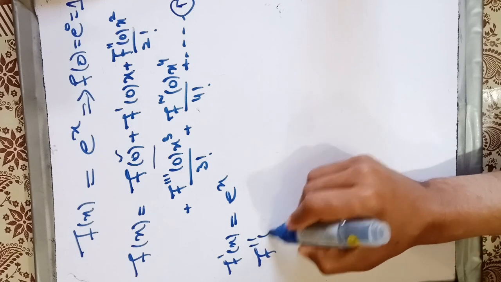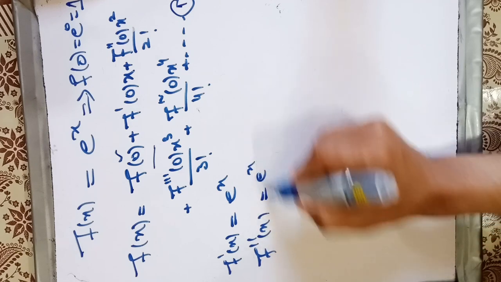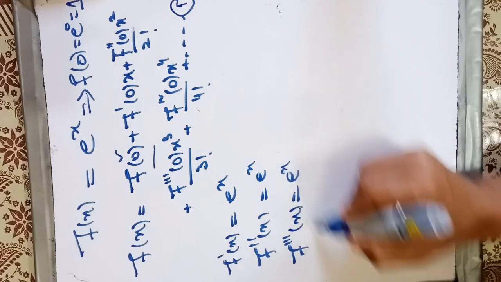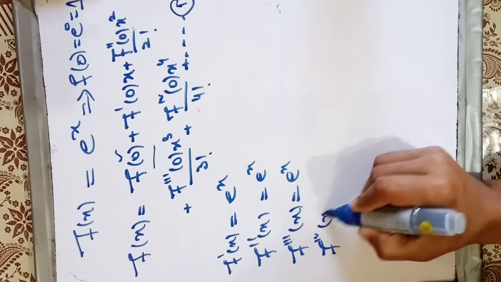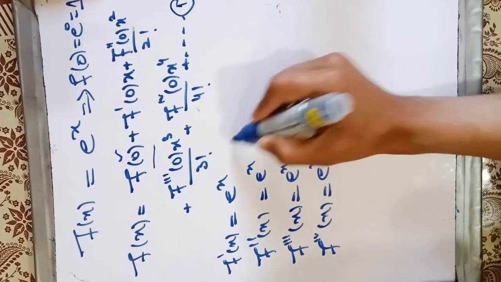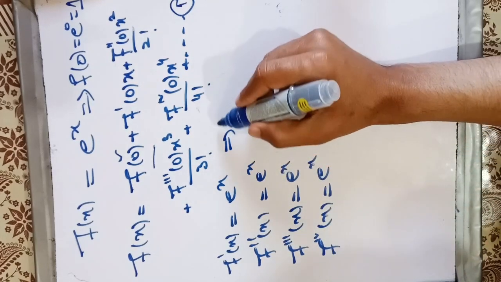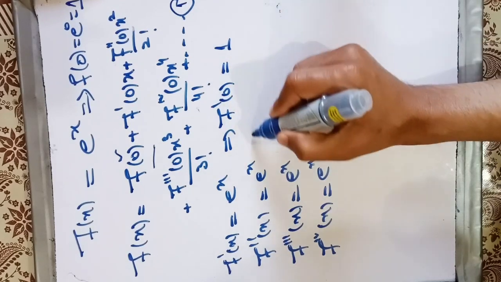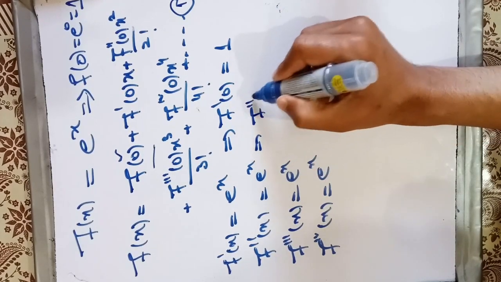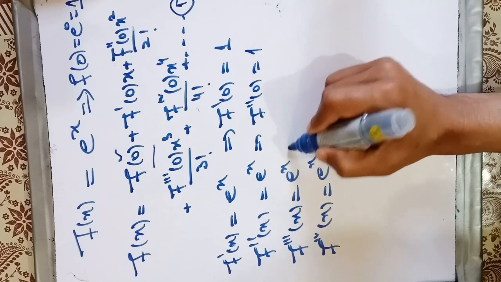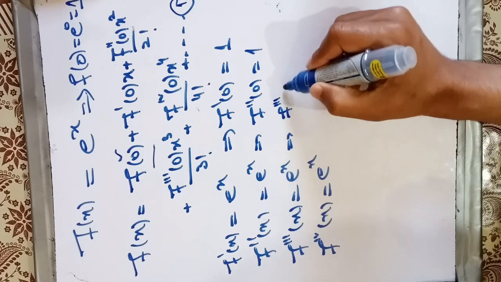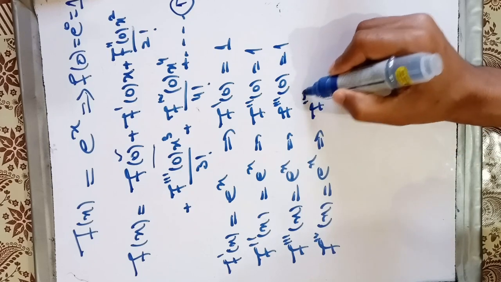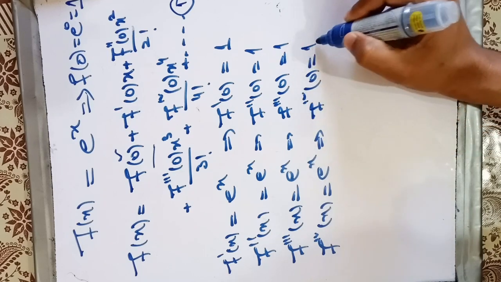The second derivative is also e raised to power x, the third derivative is also e power x, and the fourth derivative is also e power x. We can observe that this will give us the answer 1 at 0. The second derivative at 0 will be 1, the third derivative will again be 1, and the fourth derivative will again be 1.